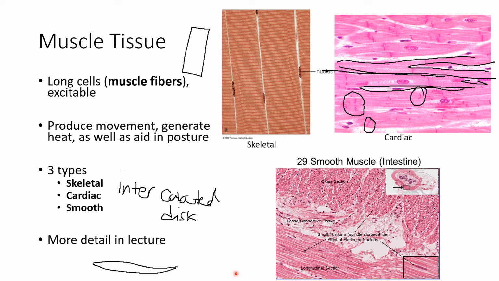So when you see this, this is going to be our smooth muscle. It's different from something like dense regular because we don't have wavy lines. We can see kind of the start and end of cells. So you might need to take a closer look at it yourself and really compare them, but they are very different. So skeletal, cardiac, and smooth muscle.